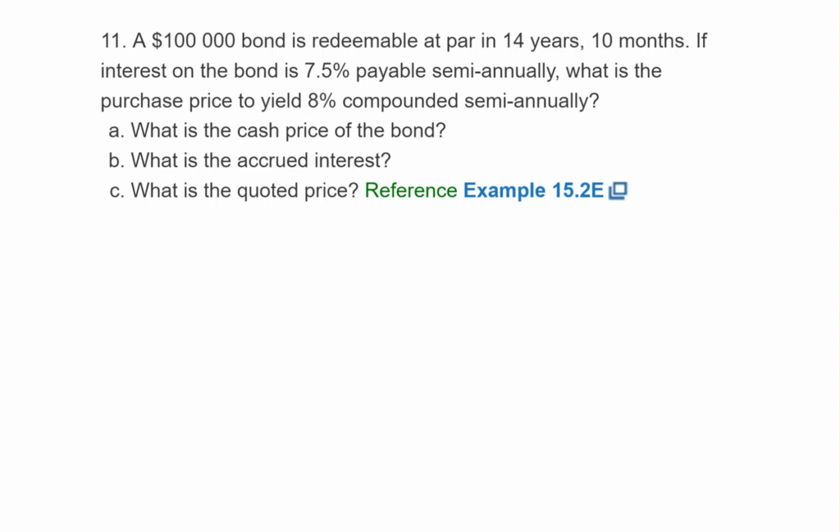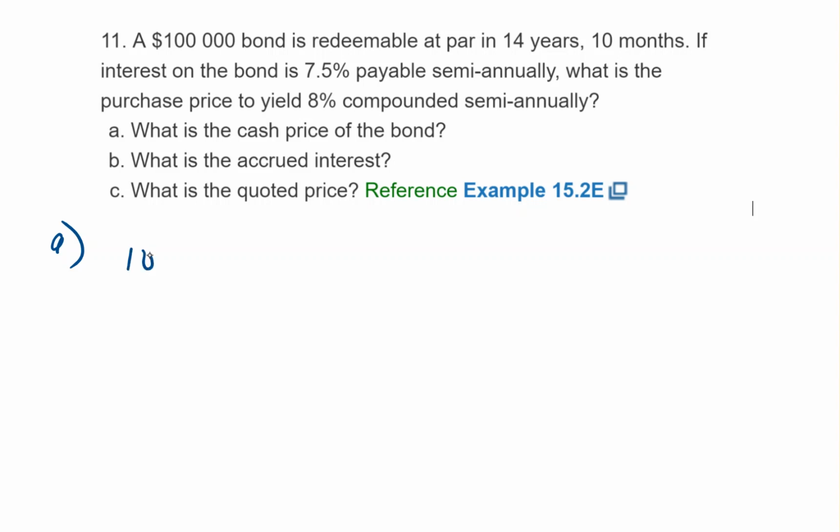So part A, what is the cash price of the bond? Let's do that. The first thing we need to know is that the bond rate is 7.5% semi-annually.